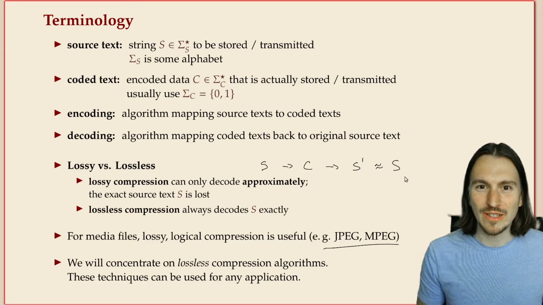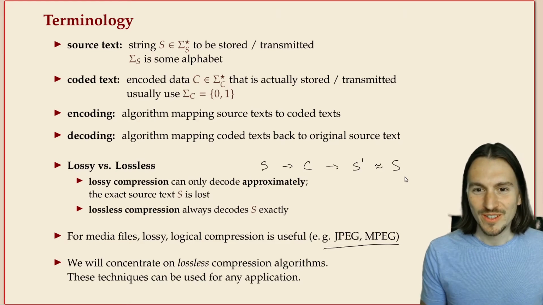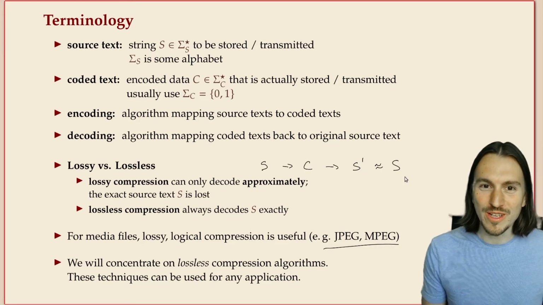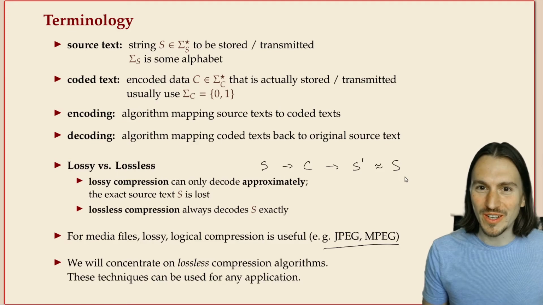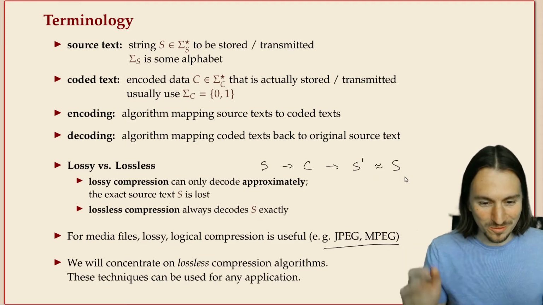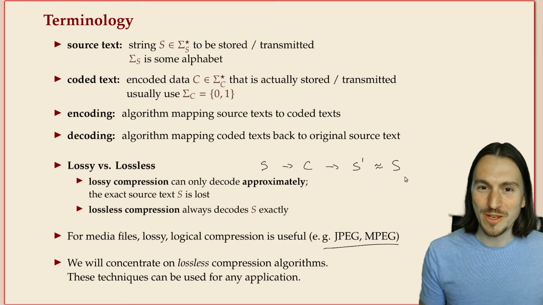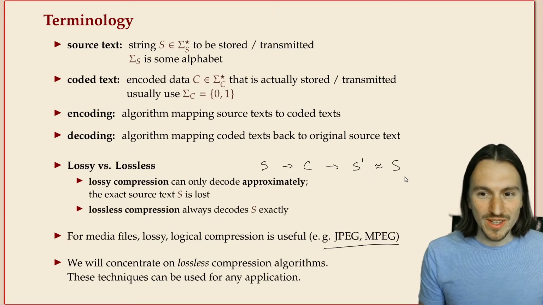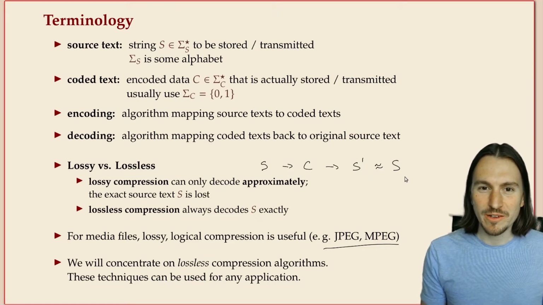And this depends a lot on what you want. You will know MP3 for representing audio. And that one is actually a very, very crude approximation of the original audio file.